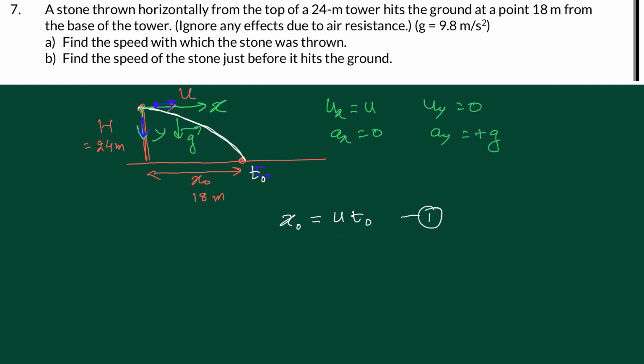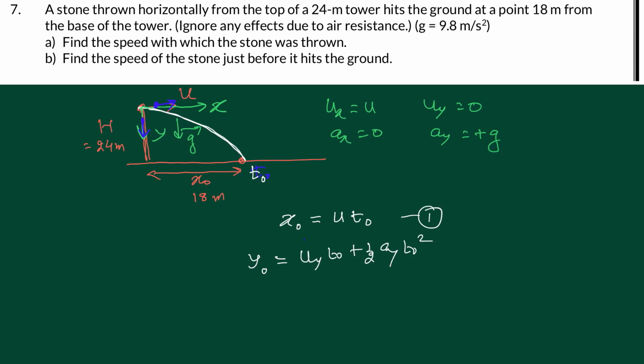We have two unknowns, u as well as t0. How you find time? By taking component of displacement. You know y component of displacement or not? So second equation along y-axis, I am directly writing it. Displacement along y-axis, y naught is equal to uy t naught plus half ay t naught square.